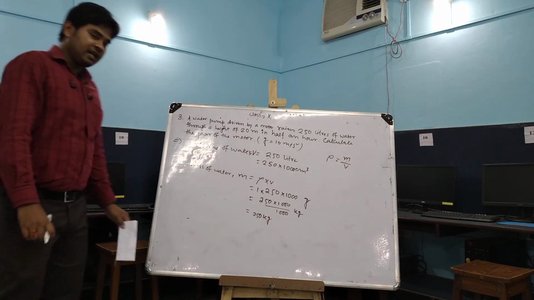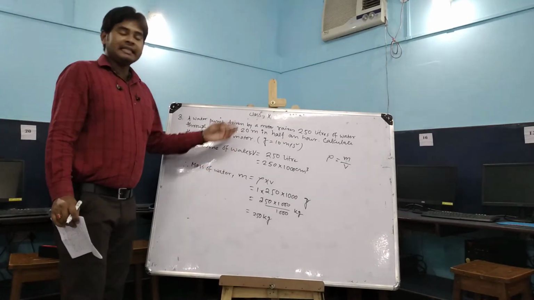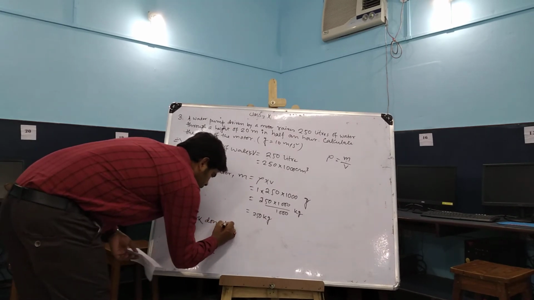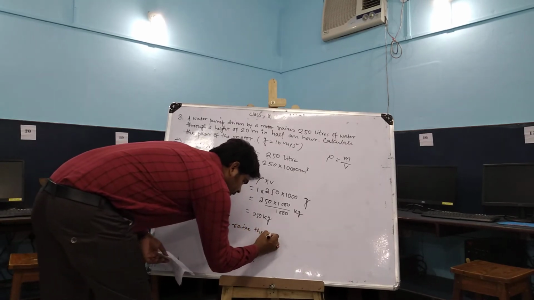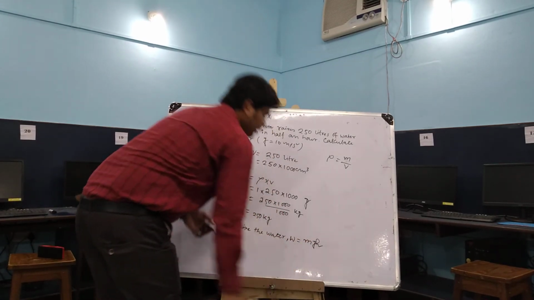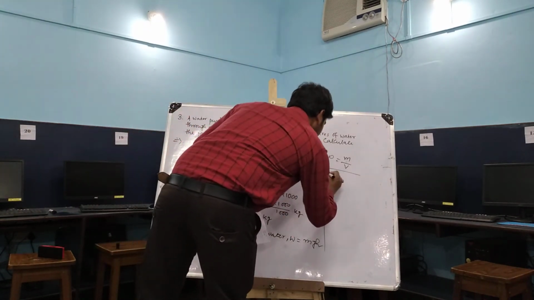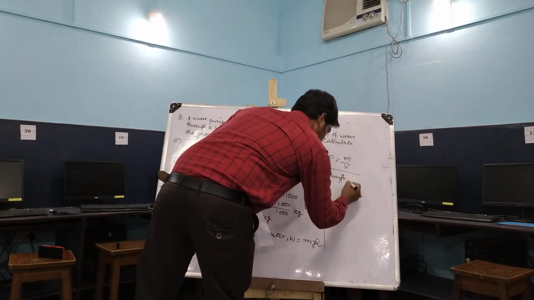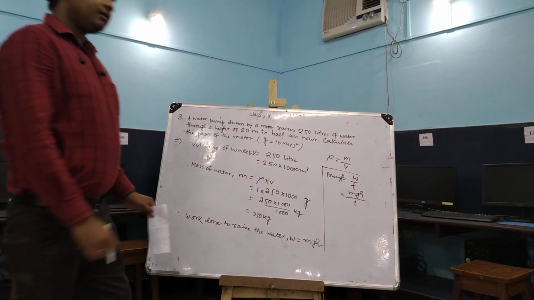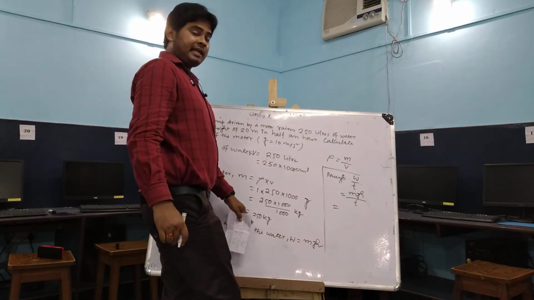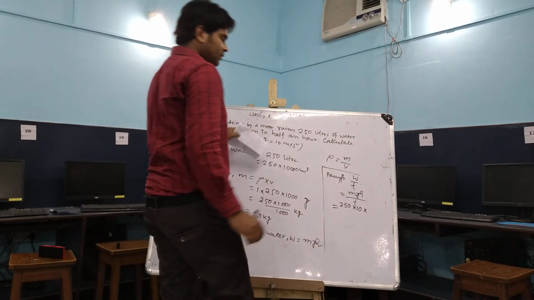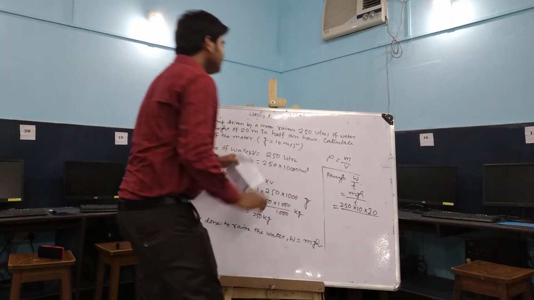Now, the work done to raise the water to a height of 20 meters is W equal to mgh, and power P is equal to W by T, that is mgh by T. Put the values: the value of M is 250 kg, g is 10, h is 20 meter, and time is half an hour.